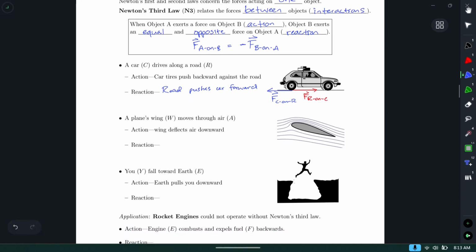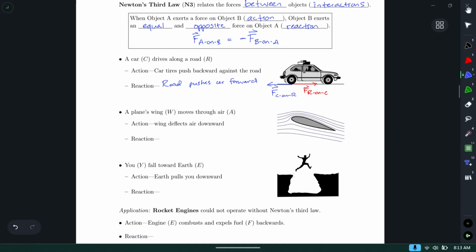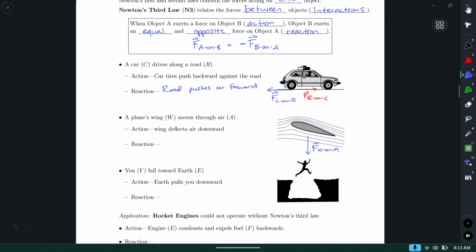All right, next one. A plane's wing moves through the air. As that wing moves through, the air has to pass by it, and that's going to deflect some of the air downward, especially if you have what we call angle of attack to the wing. So our action is the wing is going to apply a force deflecting air downward. What is the reaction? Does the air push the wing upward? Yeah.